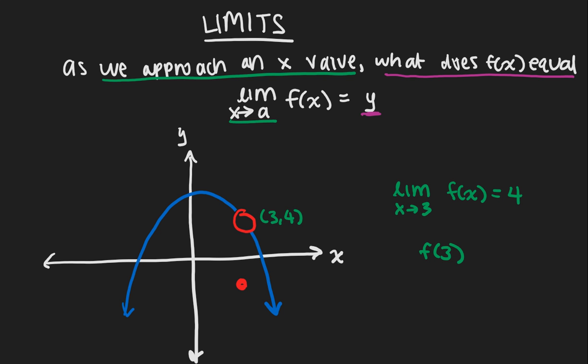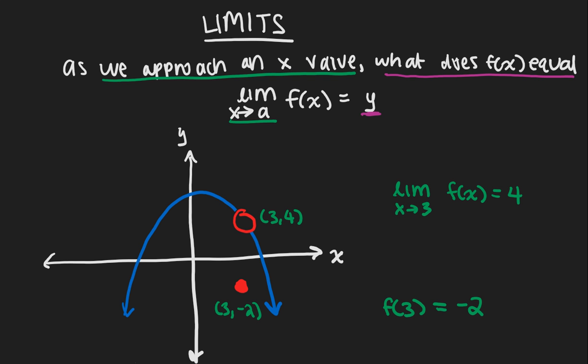And let's say this point was defined somewhere else, or it doesn't have to be defined at all, but I'm just going to put that there. So let's say that now the hole is at (3, 4), but the actual point itself is at (3, negative 2). So f of 3 would be equal to negative 2, but the limit is still 4.